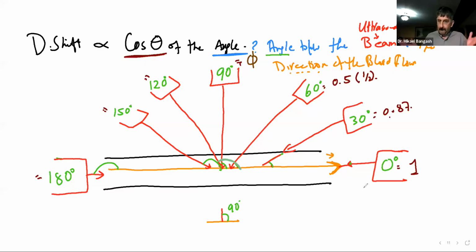Now, it's not really that complicated, because the cosine theta value of 120 degrees is just going to be 0.5 as well, but a little different: minus 0.5.